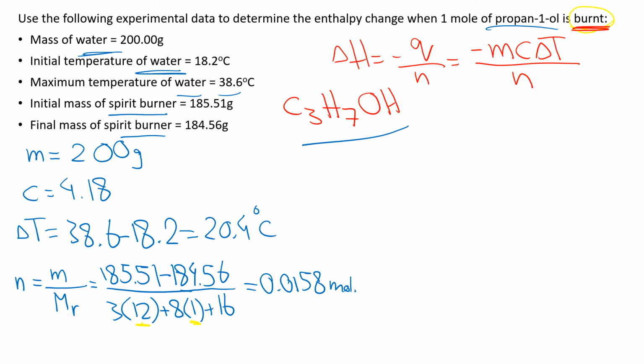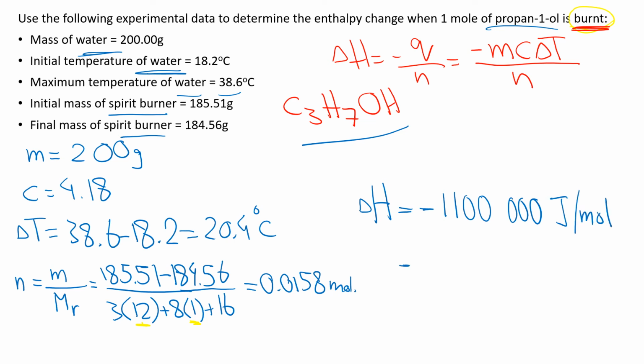So we have here m c delta T over n. If you put all those numbers in the calculator, you should get delta H. Take care, it's always negative, so we have to be careful about putting the negative sign. When you put those numbers in the calculator, you will get 1,100,000, because the answer is in joules per mole.